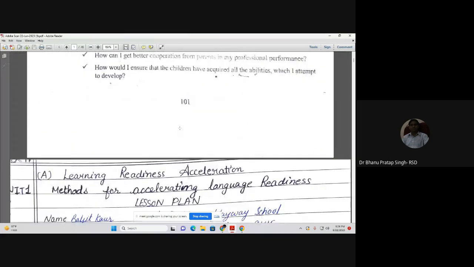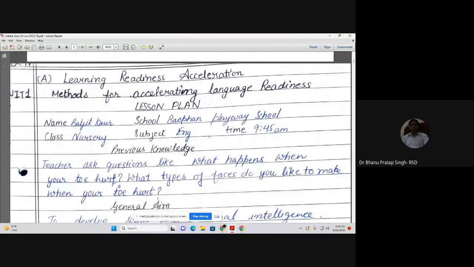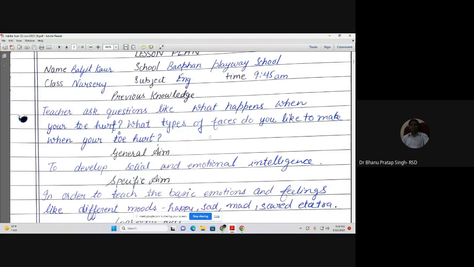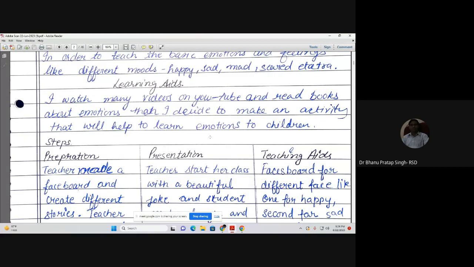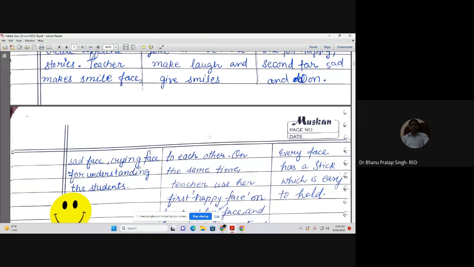This is the format. Nothing is new. I'm just scrolling. This is unit 1, and this is the format of the lesson plan. Name of the child and school name, time. This is the format. Nothing has to be done. The format is very clear. And these are the lesson plans.